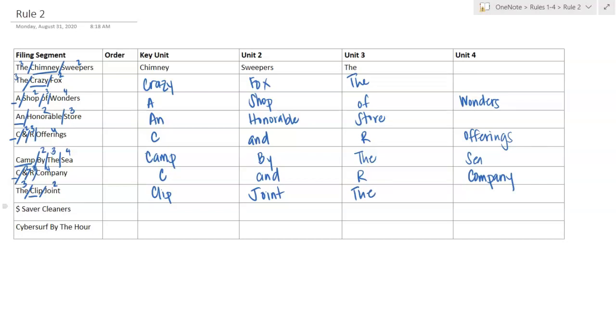Next, we have dollar Saver Cleaners. And in this case, the dollar sign is going to be our key unit. And we're going to write that out as dollar. My unit 2 is Saver. And unit 3 is Cleaners.